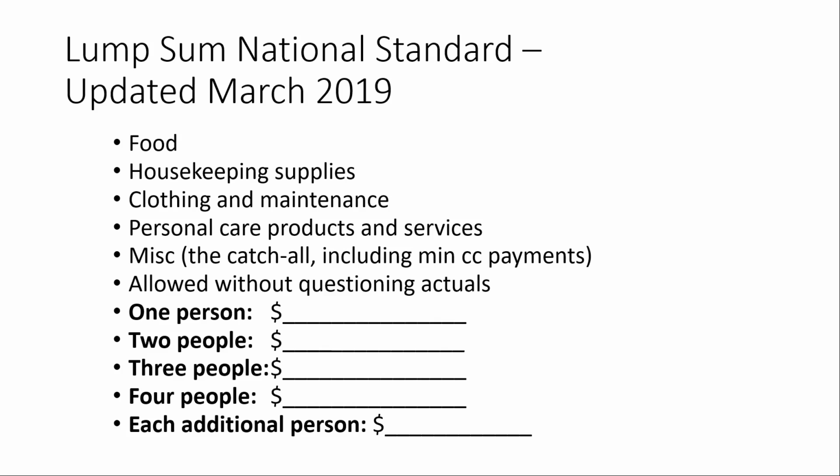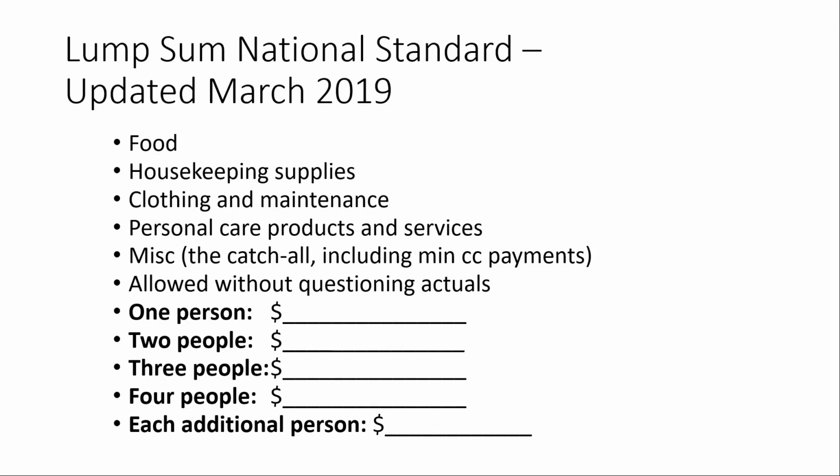Again, keep in mind the numbers we're about to talk about are from March of 2019. They will update again in March of 2020. This expense category does include several defined expense items. They're all lumped together.